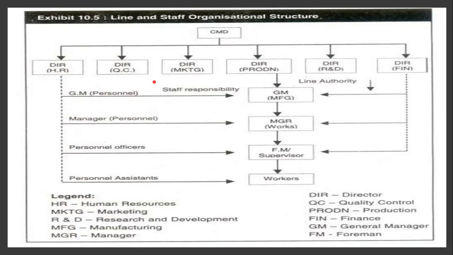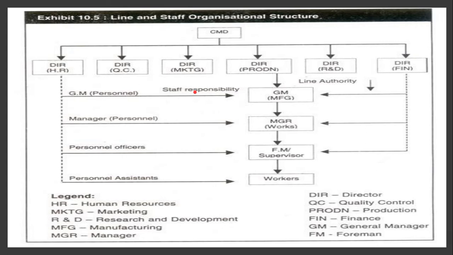On screen you are seeing the example of line and staff organization structure, students, in a pictorial way. Ultimate CMD, Chief Managing Director, is appointed, where under the Chief Managing Director, Director HR, Director QC, Director Marketing, Production, R&D and Finance are appointed.